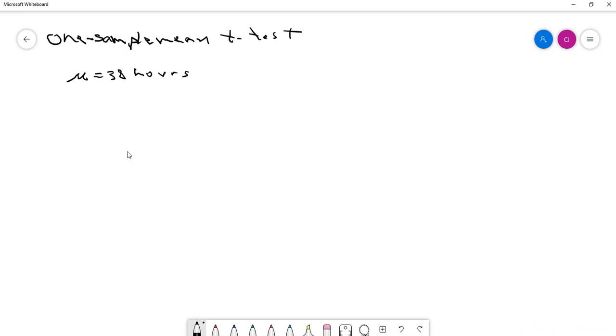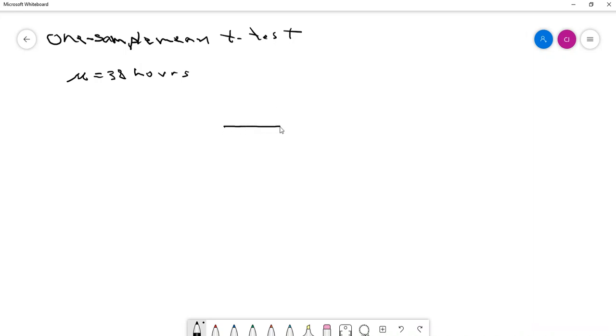Now, this is going to be a little bit different. We're going to do the same thing, but how we talk about the conclusion is a little different. This mean of 38 hours, in reality, we're not testing this. We're not going to collect a sample mean and see if it's close to 38 because we think the 38 is incorrect.